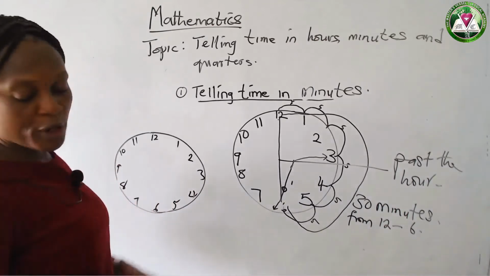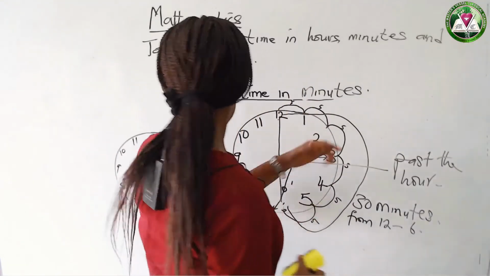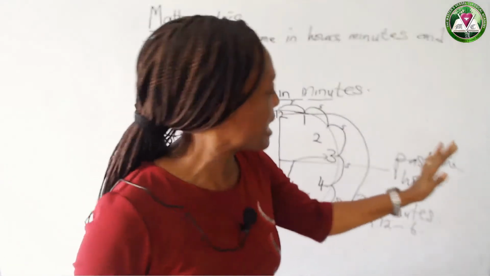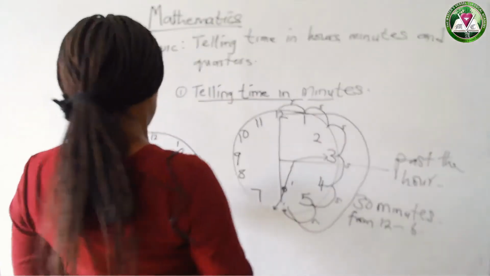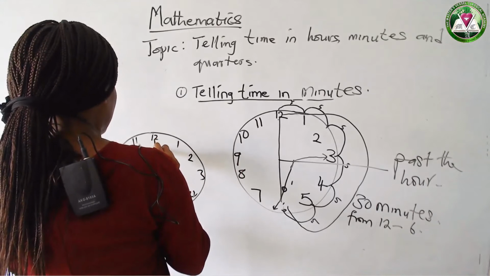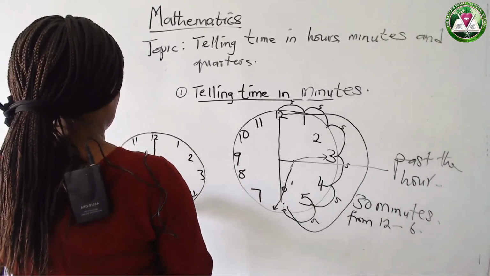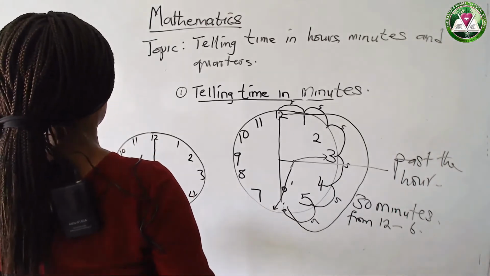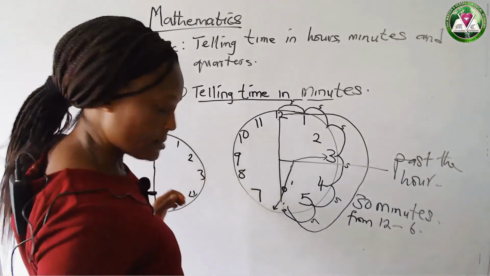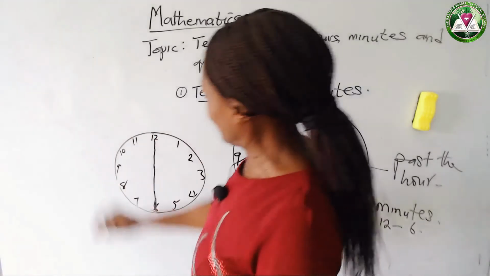So we are now going to look at the 'to the hour'. This one is past the hour. We are now going to look at the 'to the hour'. Then from 12 to 6, that is this side.